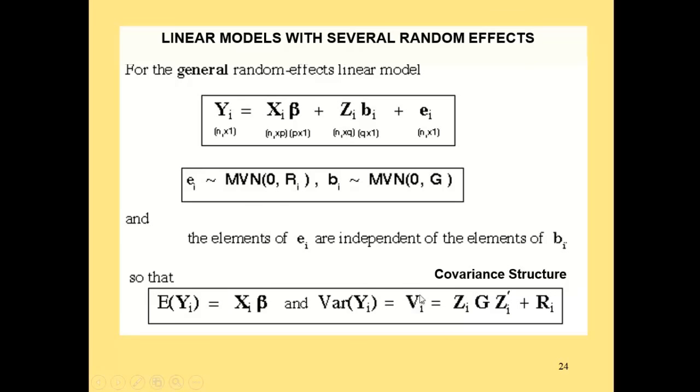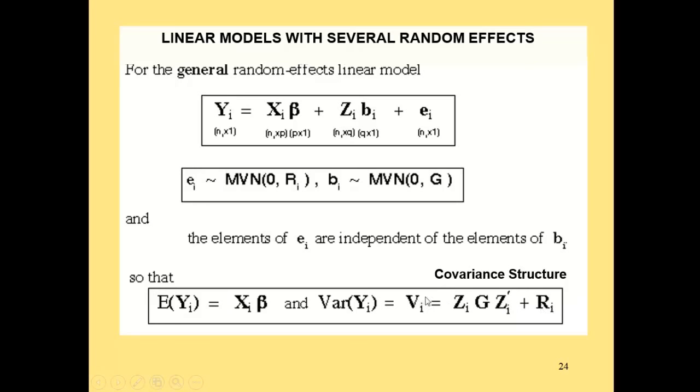So, Vi, your variance-covariance matrix that helps you handle the correlation in your data, is equal to Zi, a matrix of your random factors, times G times Zi prime plus Ri.